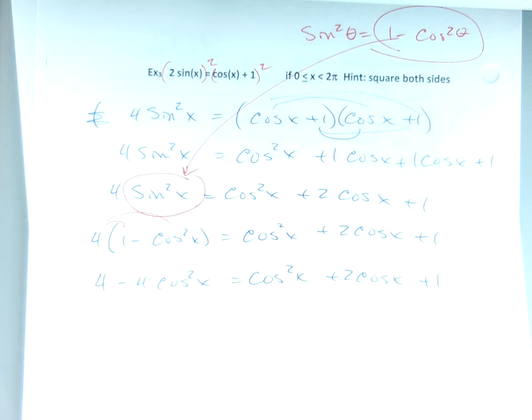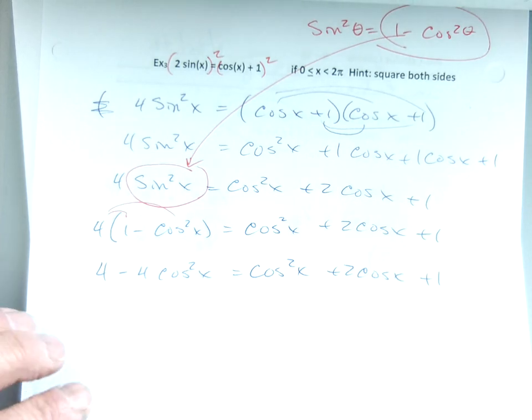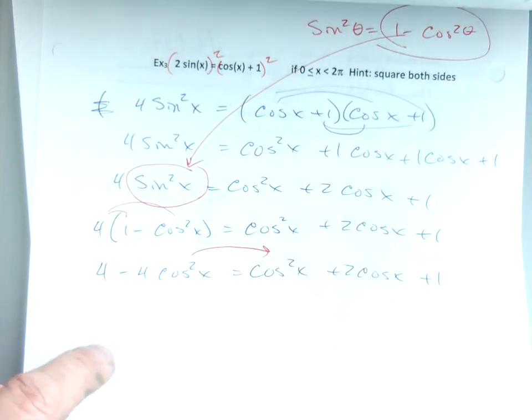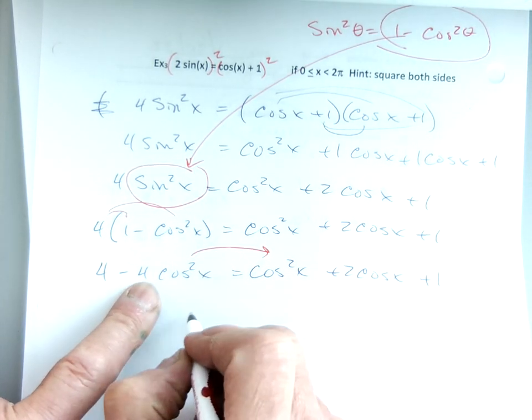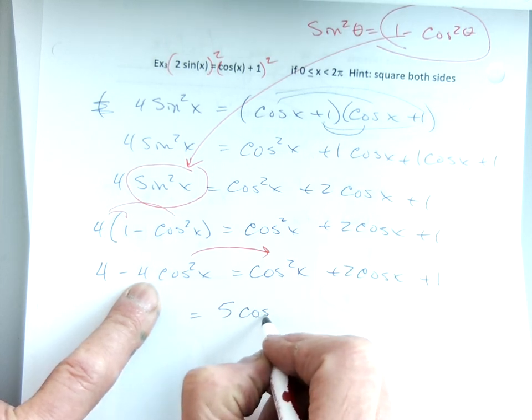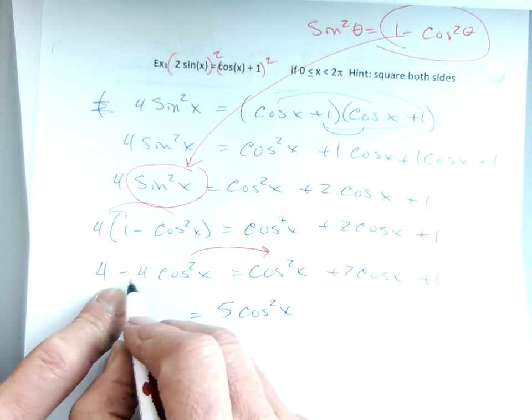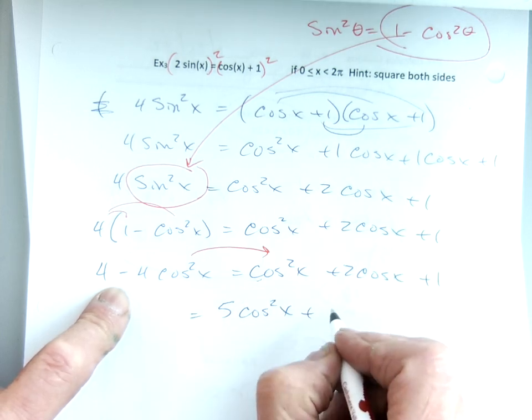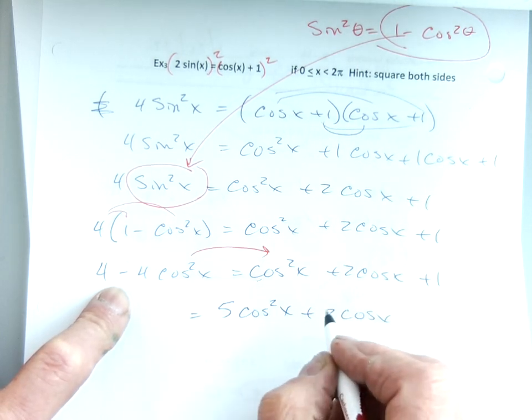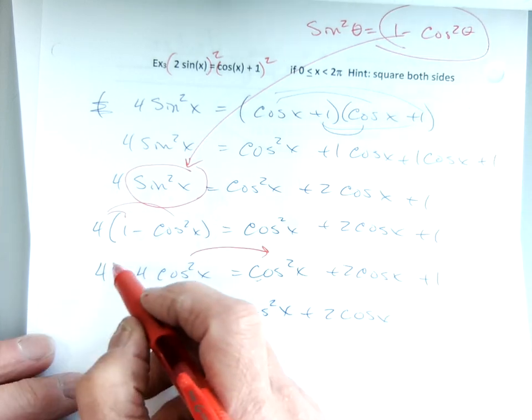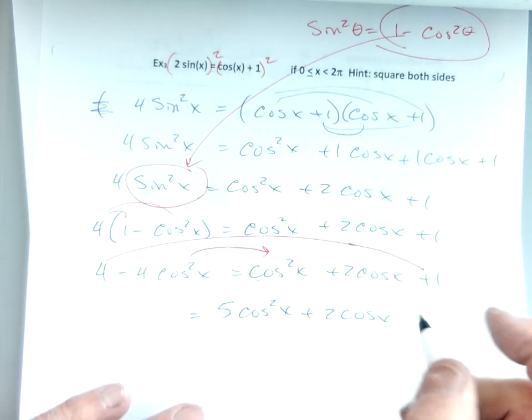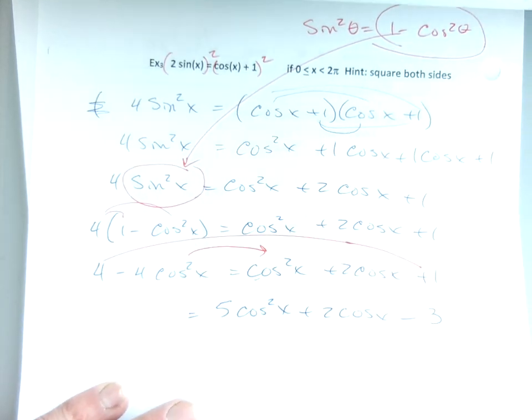Okay? So erase. Let's do the same thing, but with cosine. I add a 4 cosine squared, which would make a 5 cosine squared of x, plus 2 cosine of x, and if I bring over the 4, I subtract the 4, and I get a negative 3, right?